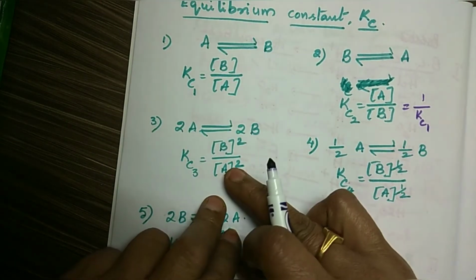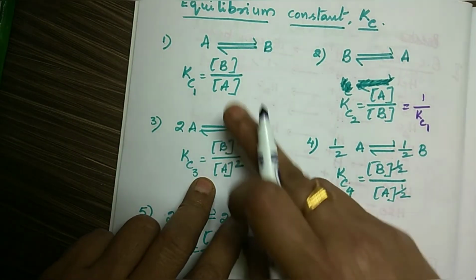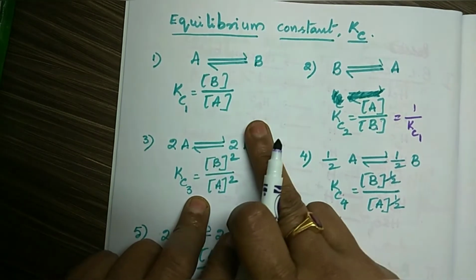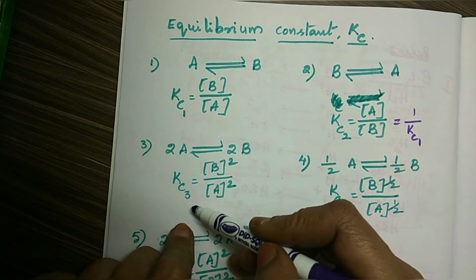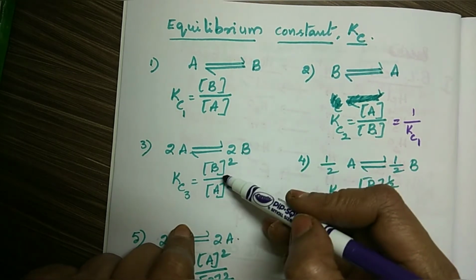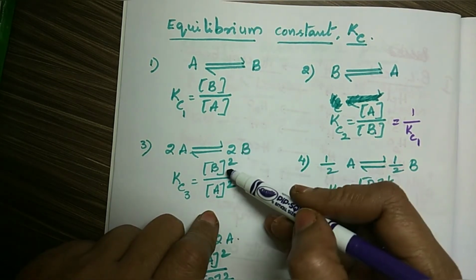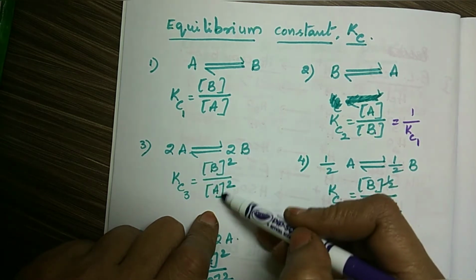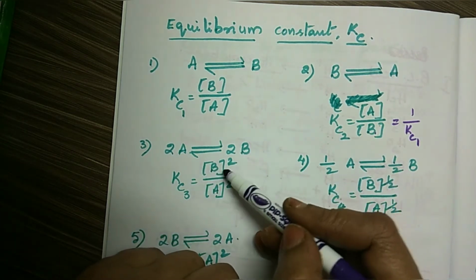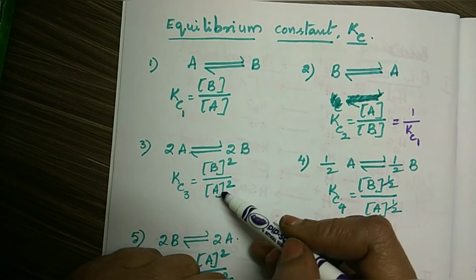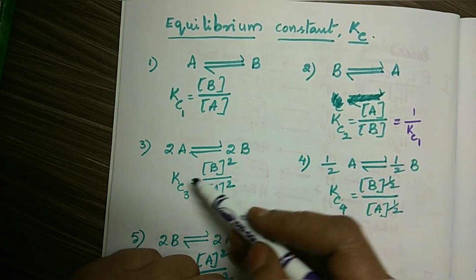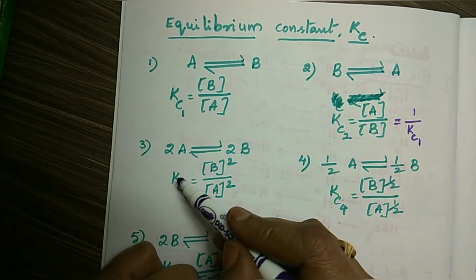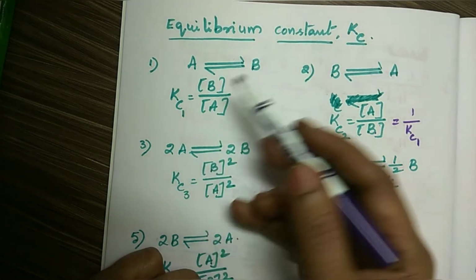Now the third case is, if the concentrations of reactants and products both are doubled, then what happens? Let it be Kc3, B square, B to the power of the number of moles, divided by A to the power of the number of moles. B square means B into B divided by A into A, which is nothing but Kc1 square.